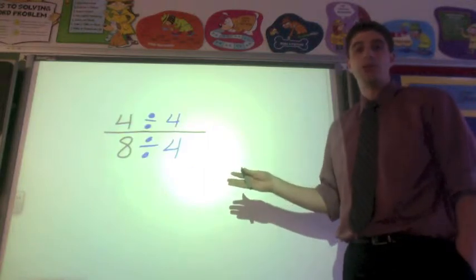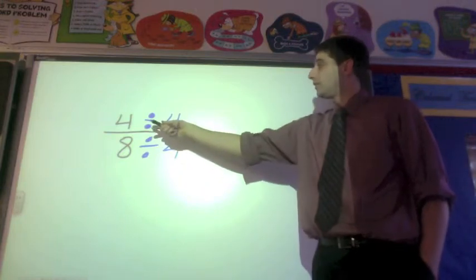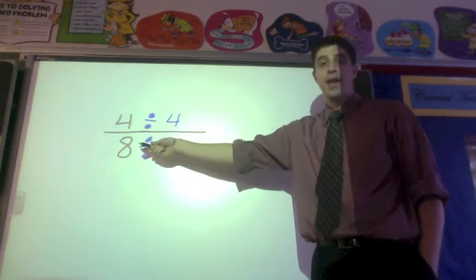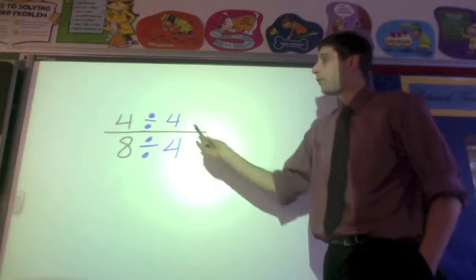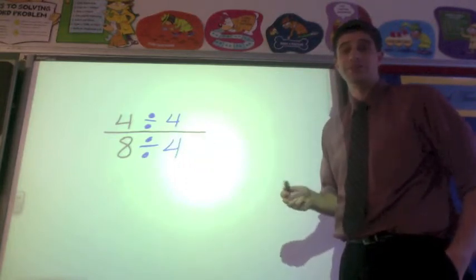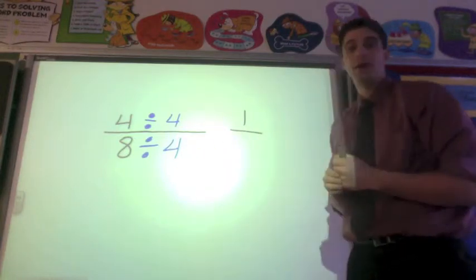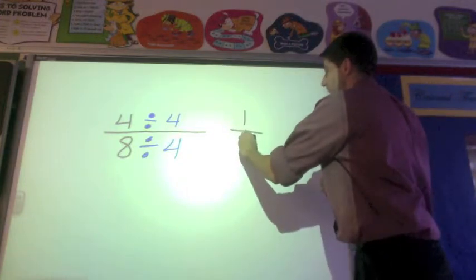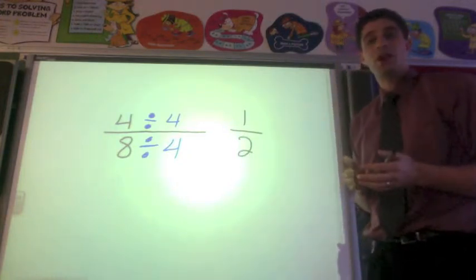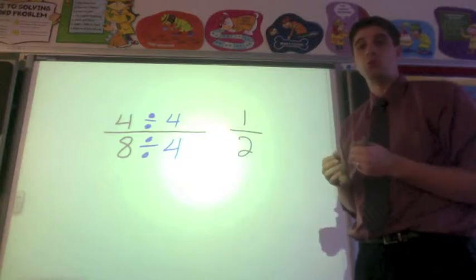I am now going to take my greatest common factor and divide it into my numerator and into my denominator. 4 divided by 4 is 1, correct. And 8 divided by 4 is, if you said 2, you're 100% correct. So now I know my answer in simplest form is 1/2.